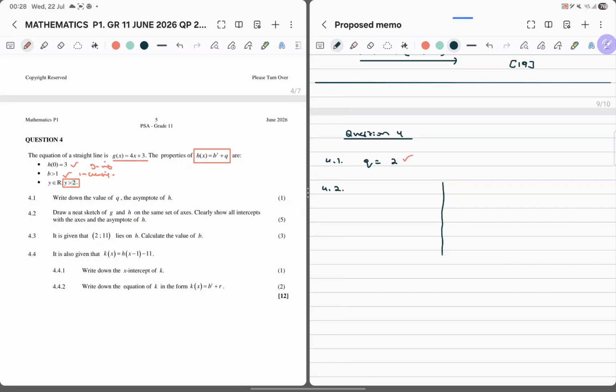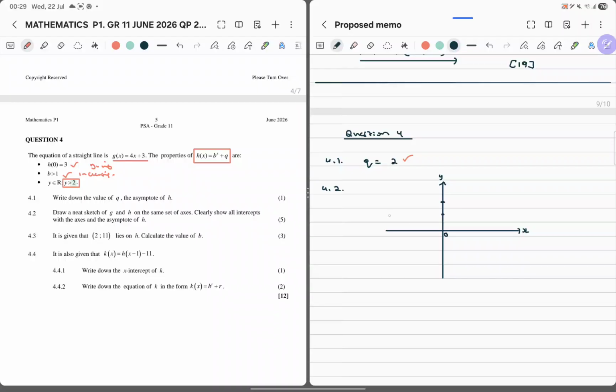Okay, cool. We don't have time, guys. Here we don't need to do any stupid calculation. If someone taught you this thing, yes, use it, but do whatever you can. For me, I know that the y-intercept of this graph is 3, whereas the y-intercept of the other one is also 3. So 3 is the common y-intercept. So let's say 3 is here. And our horizontal asymptote is at 2, so let's say 2 is over here.